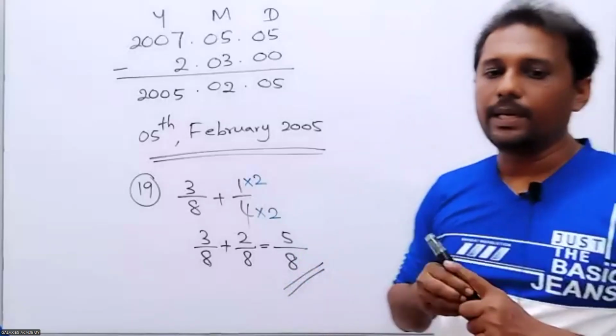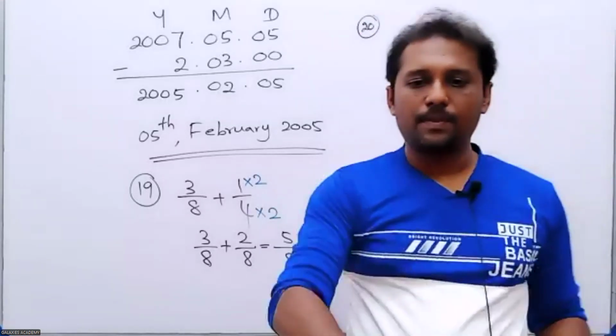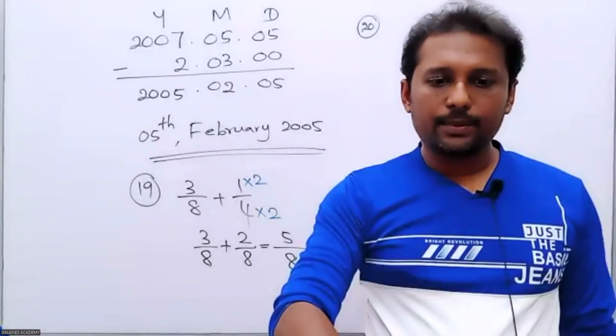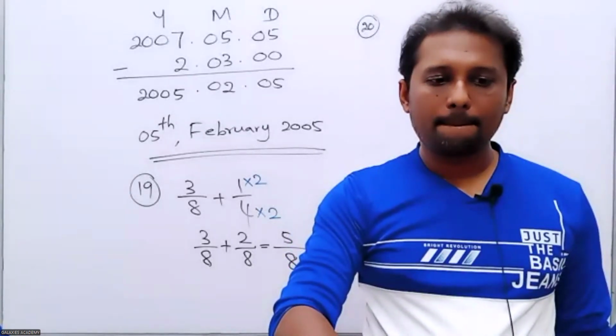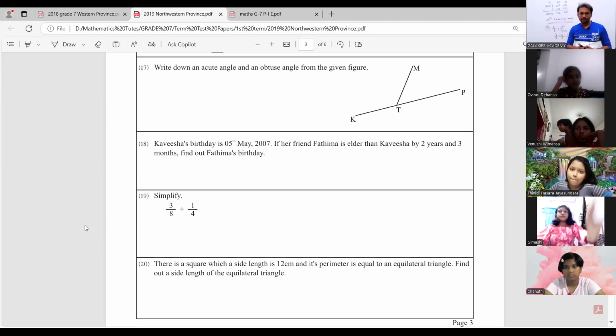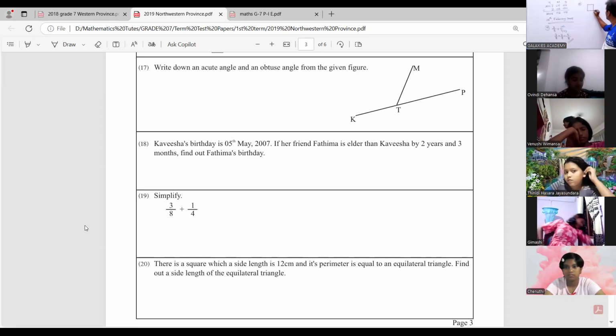Right, number 20. It is the last question of the first part, right? Number 20 is given. There is a square with a side length of 12 centimeters, right? I drew the shape of the square.